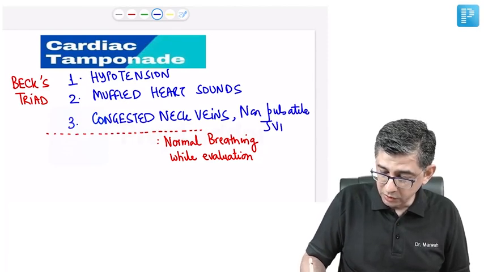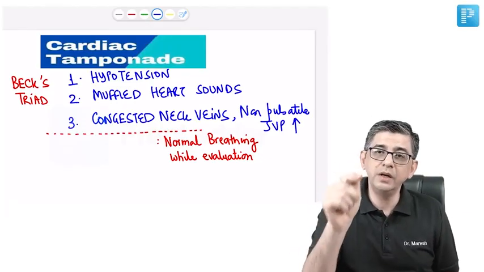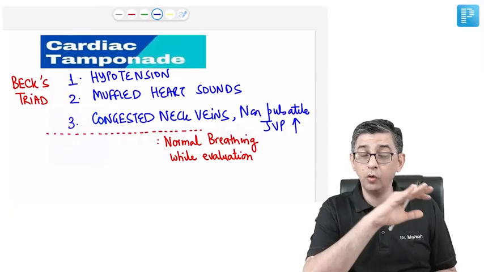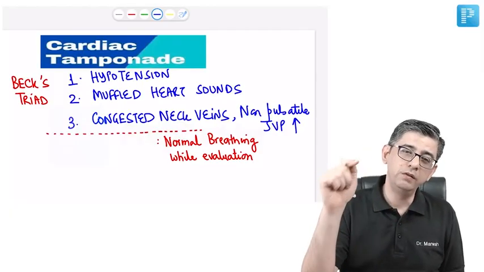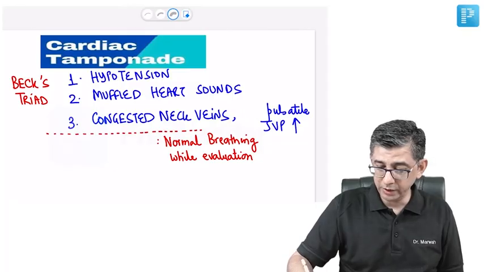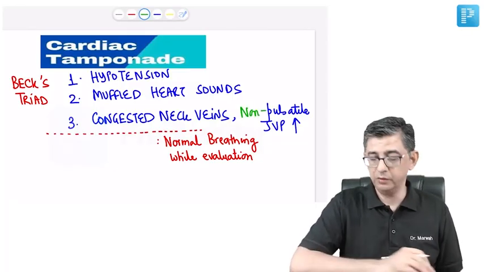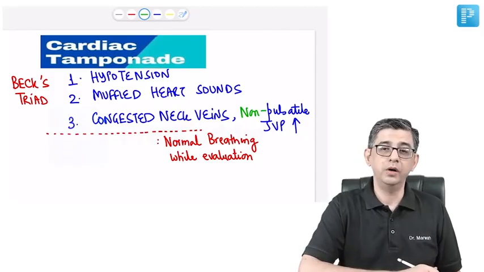In all conditions of cardiology, you will always be having a pulsatile elevated JVP. I repeat my statement. In all conditions of cardiology, you always have a pulsatile elevated JVP, but the only time you're going to read this particular phrase, non-pulsatile elevated JVP, is going to be cardiac tamponade.